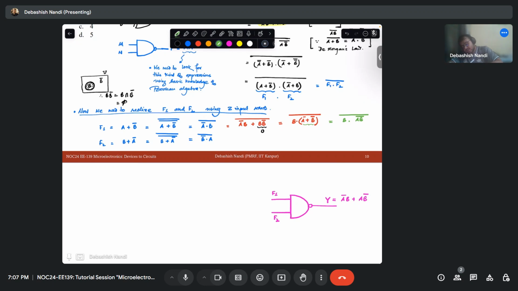Similarly, I can directly write this is A times (A B) bar, bar.